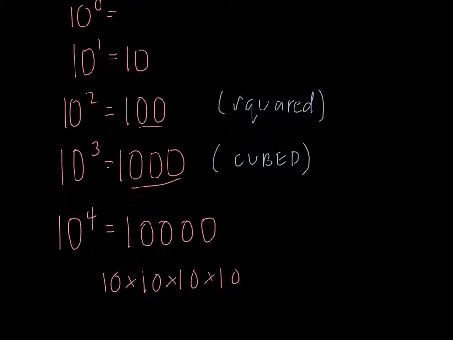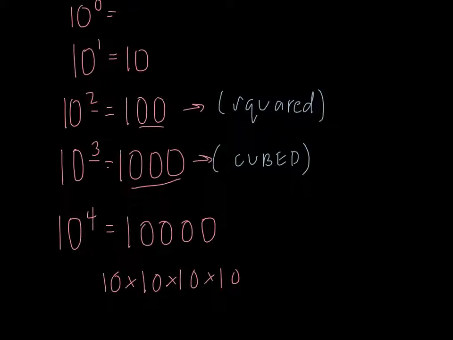And so 10 to the fourth power equals 10,000. And it does not have a nickname like 2 and 3 did. These are the only exponents that are referred to as squared or cubed.